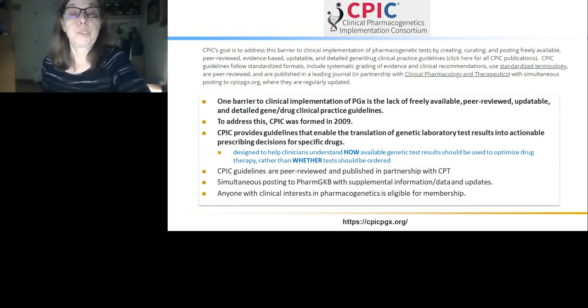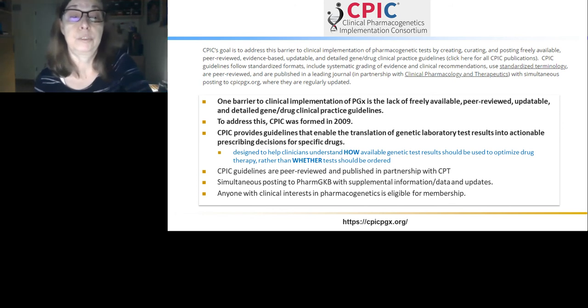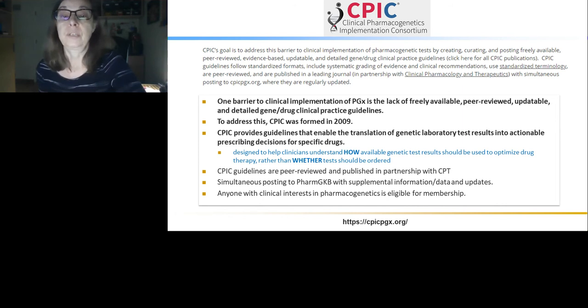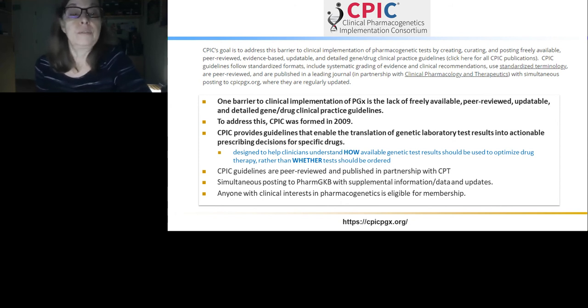The Clinical Pharmacogenetics Implementation Consortium is now 11 years old. They identified that it is really a barrier to the implementation of pharmacogenetics: how to interpret what a physician is to do with a genotype when it is available.